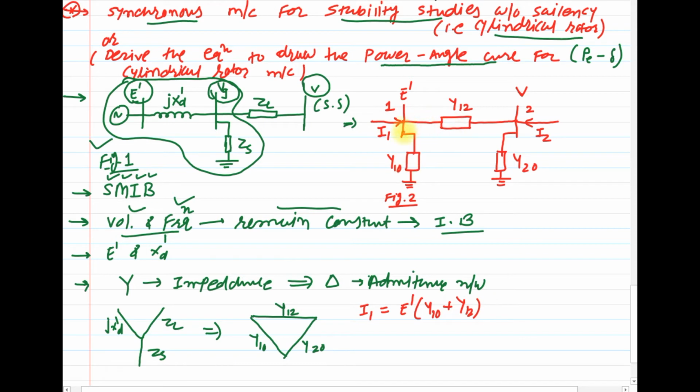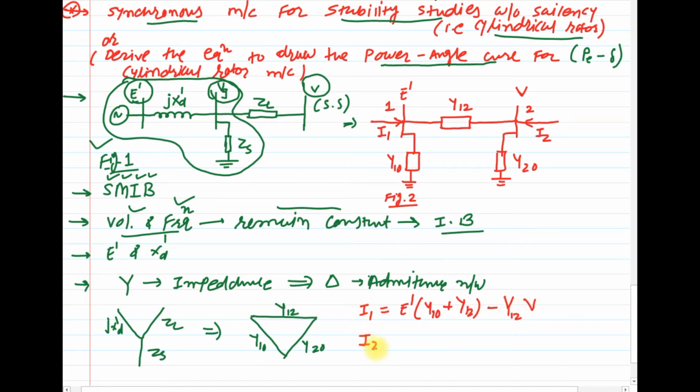E dash into bracket Y12 plus Y10. Here minus, because of the opposite direction of current I2. So minus Y12 into V.